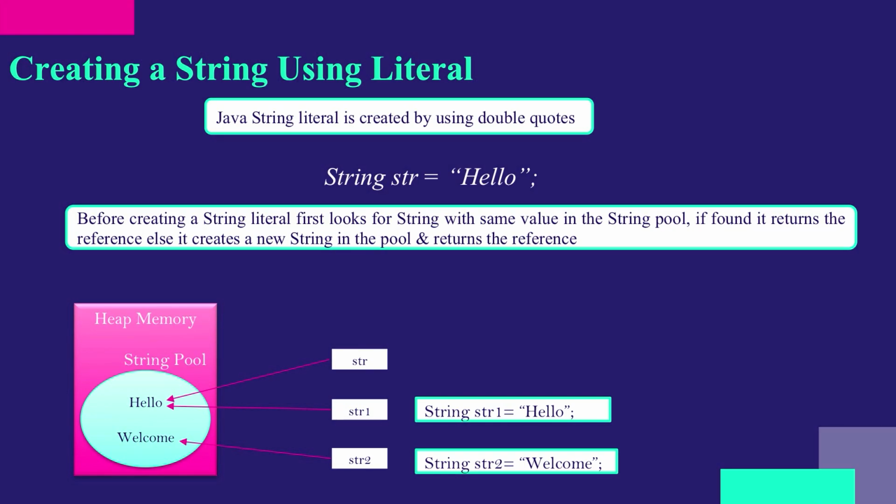It is going to point to the same string literal. A different string literal will have a different memory region created. So String str2 is welcome will point to a different literal in the string pool. So how does it save memory? By creating a literal once and sharing it, because these literals are values and can never be modified.